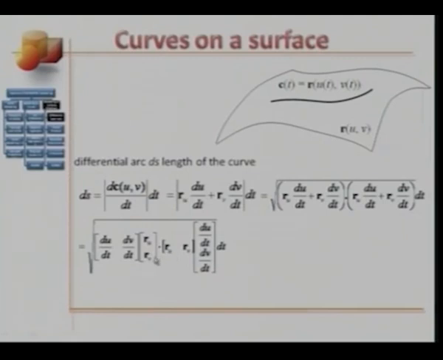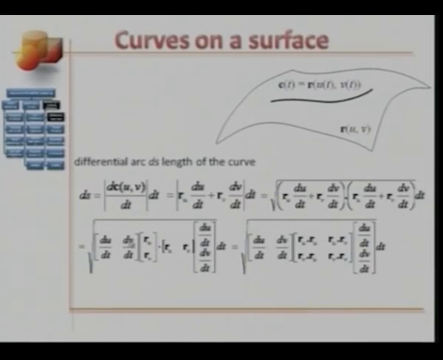I can compute the dot product now. So we have ds equals, within the radical sign, the row matrix du over dt dv over dt times this 2 by 2 matrix here now, whose elements are ru dotted with ru, ru dotted with rv, rv dotted with ru, and rv dotted with rv.